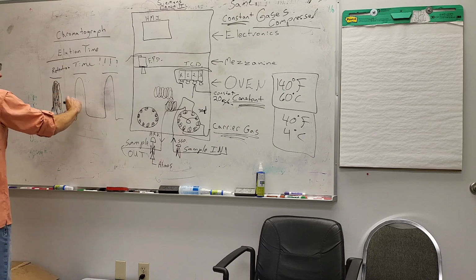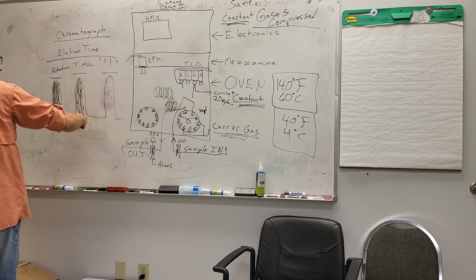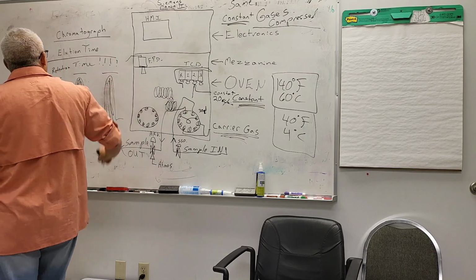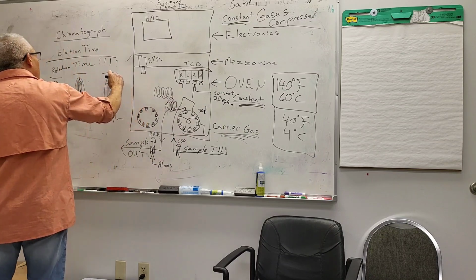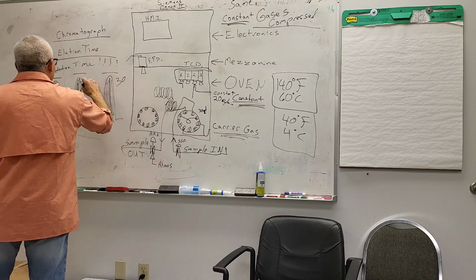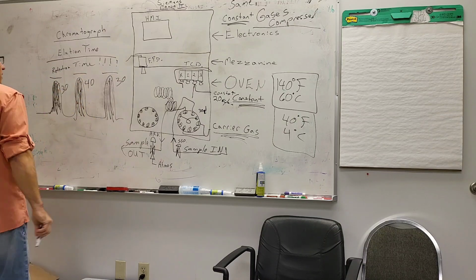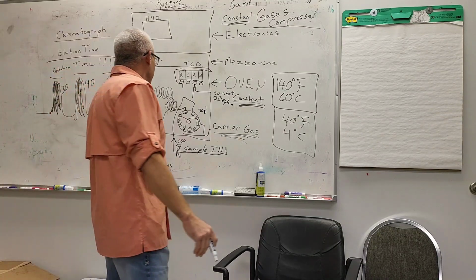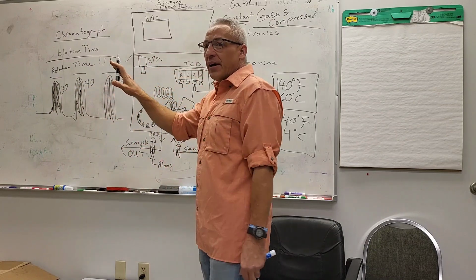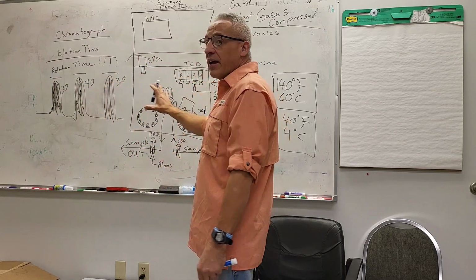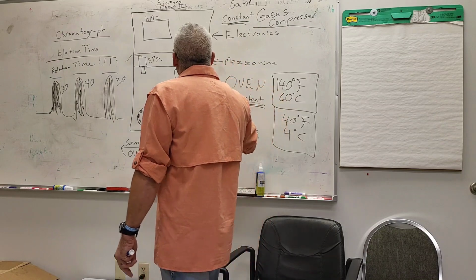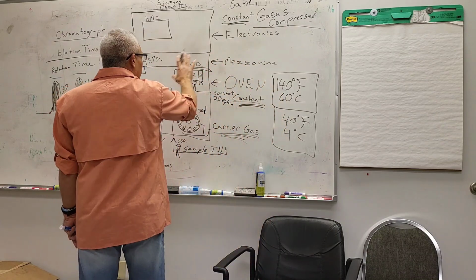Once it gives us the area of these peaks, we tell it that this is 30, this is 40, and this is 30, and they add up to 100. But they show up at the same time every single time because GCs are built on constants.